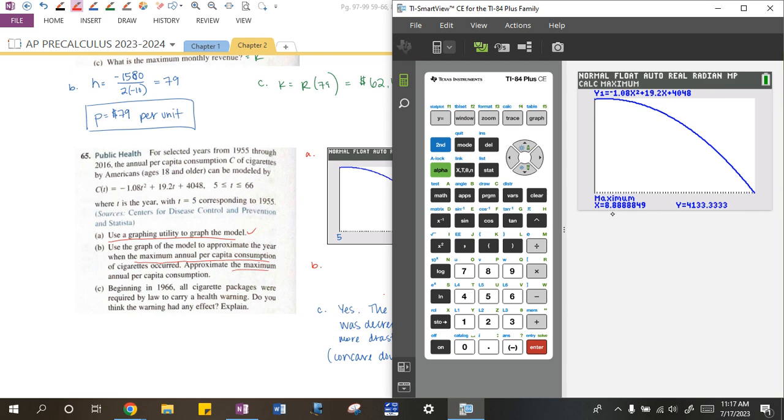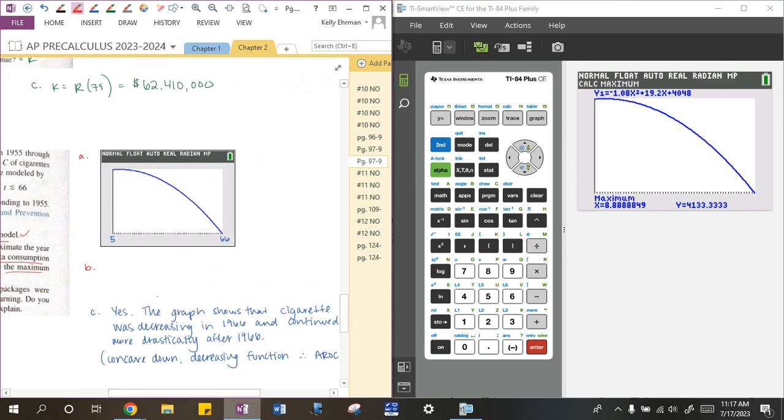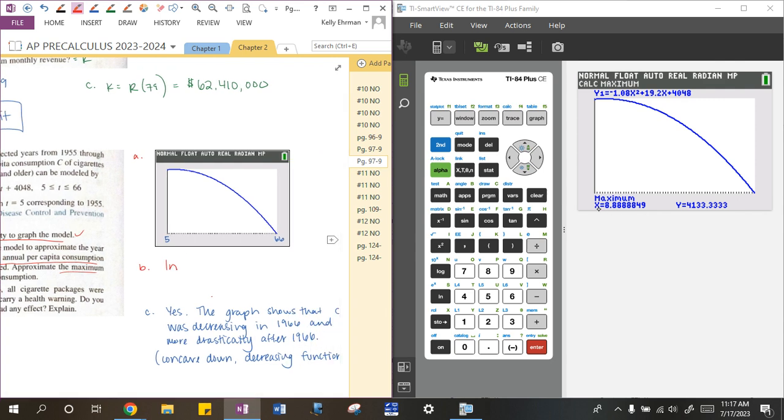So I'm getting this value here. So we want the year and the maximum consumption. Just split so I don't have to keep going back and forth. So I'm going to say now this is years, 5 is 1955, so this is years after 1950. So this is during or toward the end of 1958.